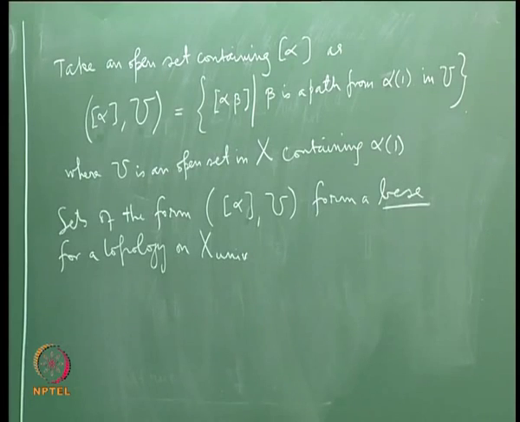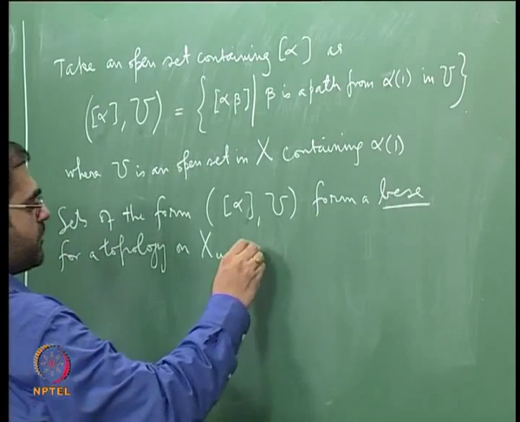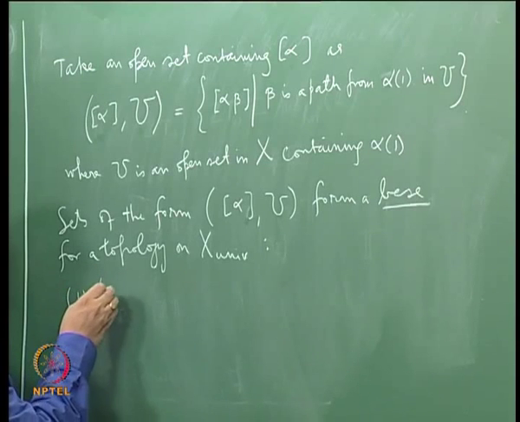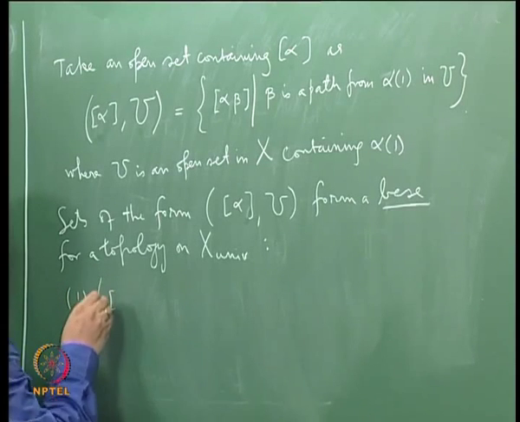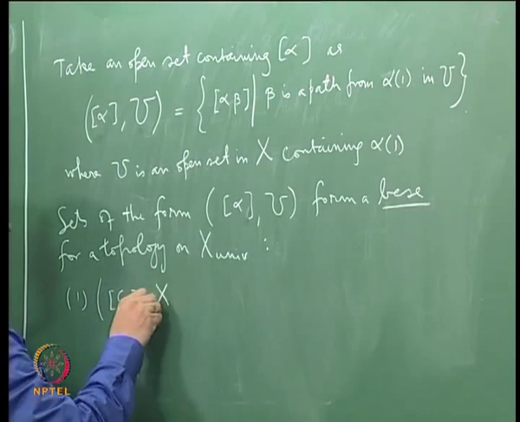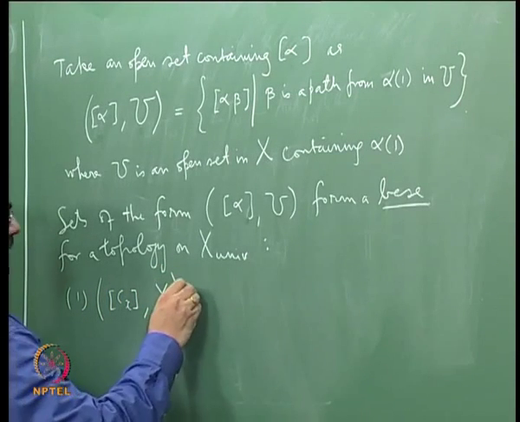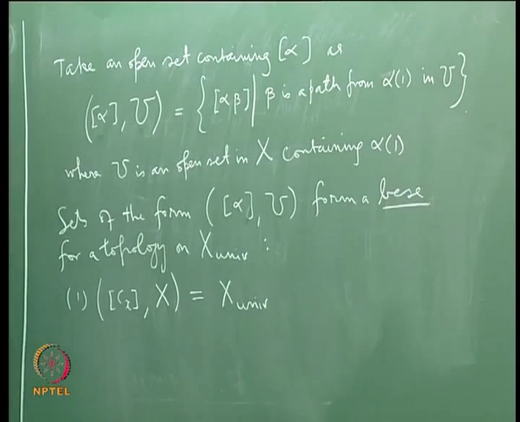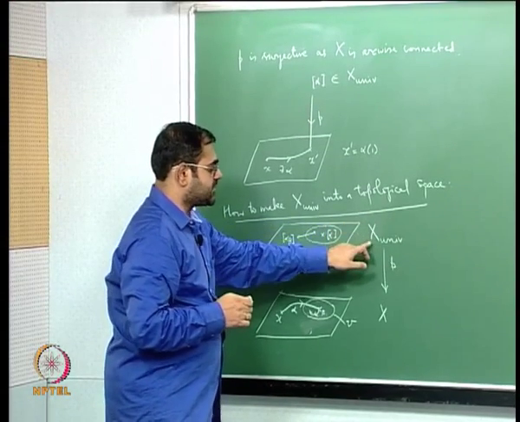So why do they form a base? Well, number one, if I take the path to be the constant path at x, and I take the whole space, then I will simply get every point in this universal set.